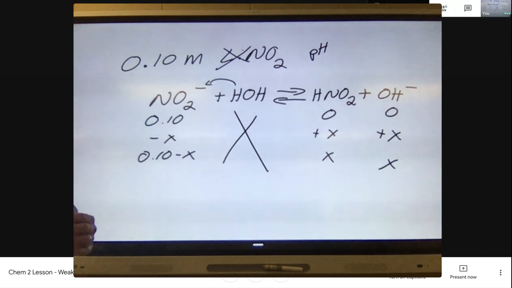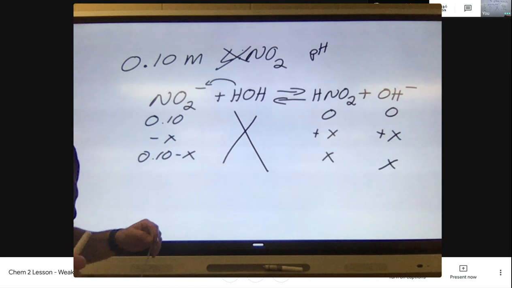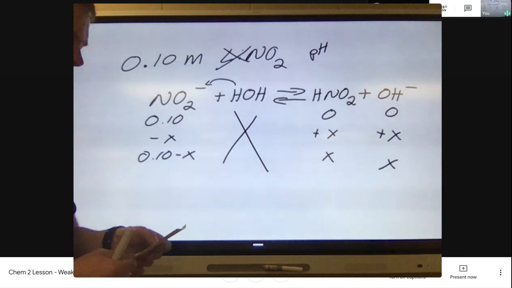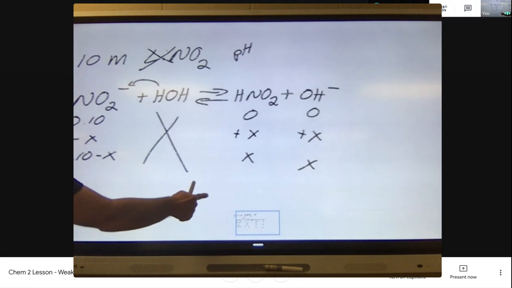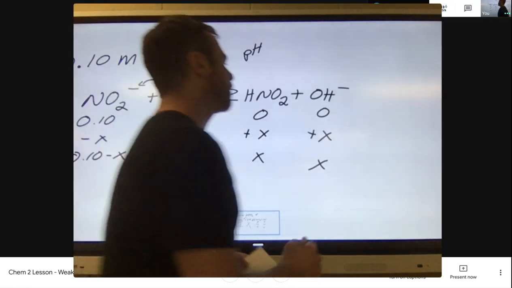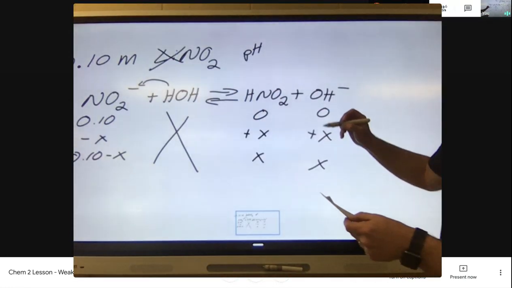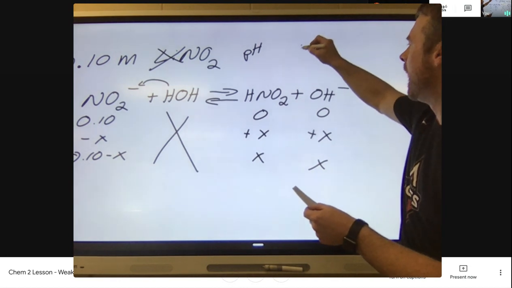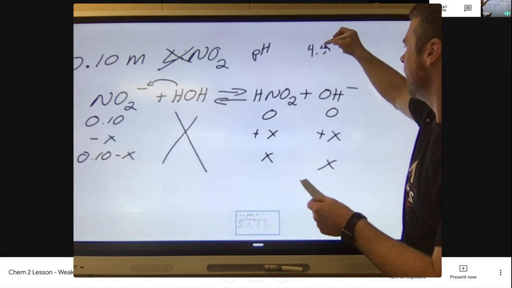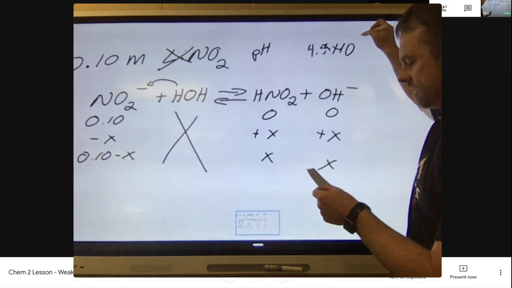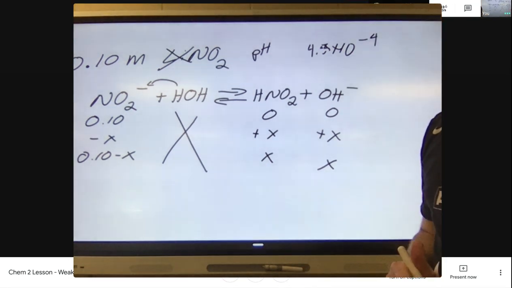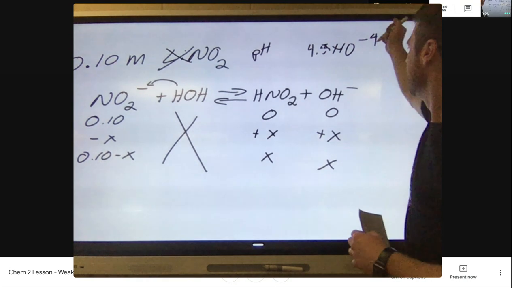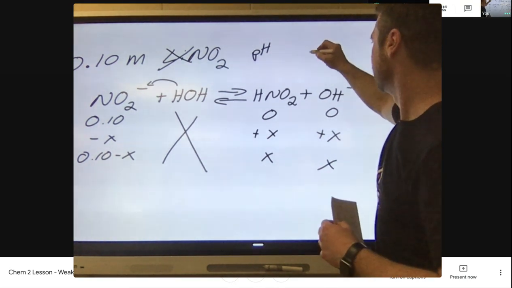What most college students do wrong is they look up the Ka and they think that they're going to use 4.5 times 10 to the negative fourth in their problem. And they are not going to use that.